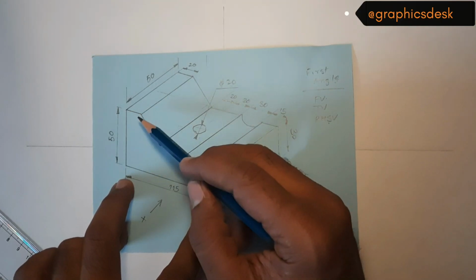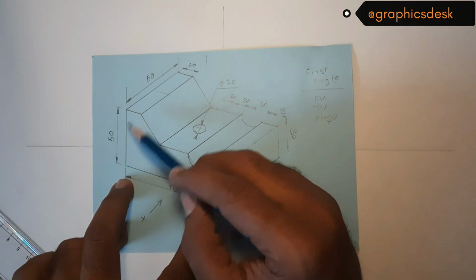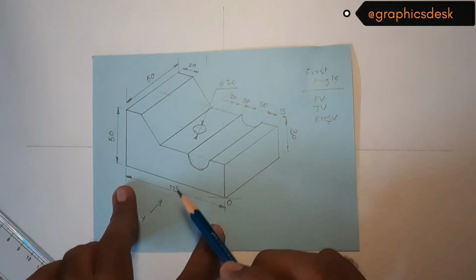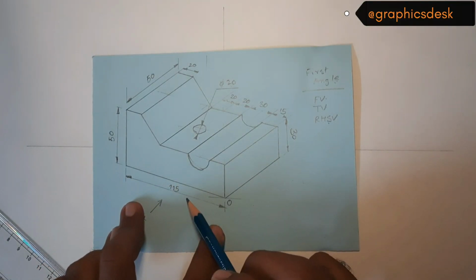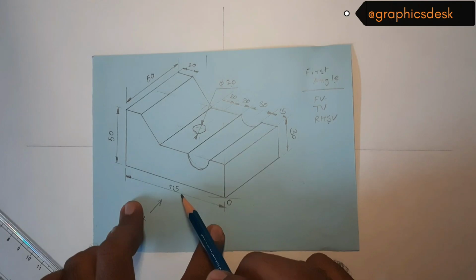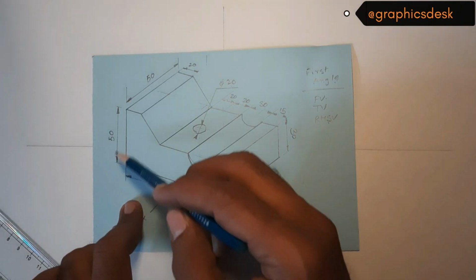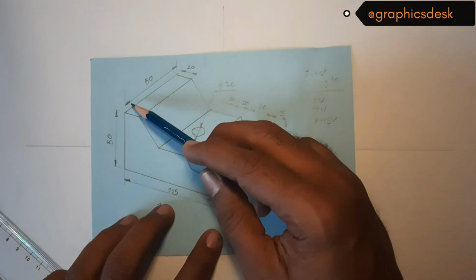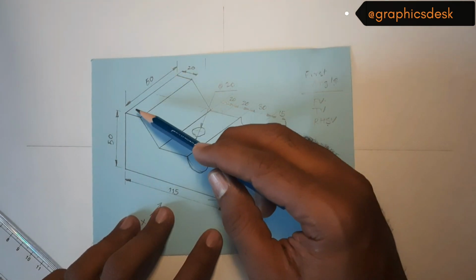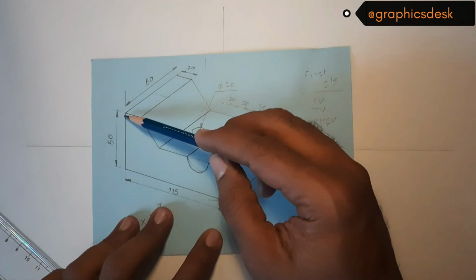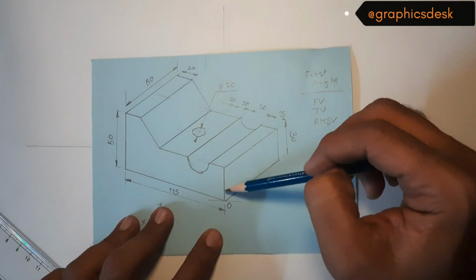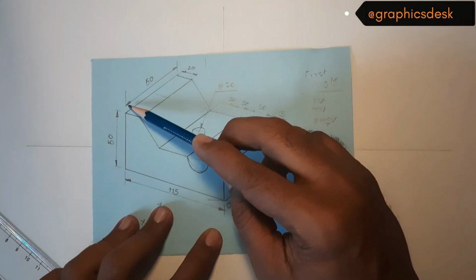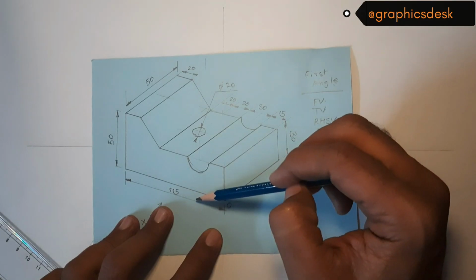Which means this whole object in the front view would be contained inside a rectangle of 115 as length and 50 mm as height. And if we talk about the top view, again it is 50 mm and 115 mm. So our top view would also have the same dimensions of 50 by 115.